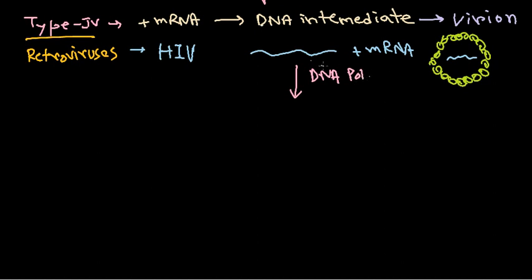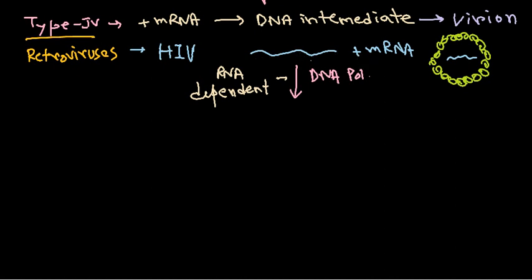Obviously, we are using positive-stranded mRNA as a template, so this DNA polymerase will be RNA-dependent DNA polymerase. It's very rare, but we can have RNA-dependent DNA polymerase. If we use RNA-dependent DNA polymerase here, with positive mRNA as a template, we can produce a DNA complementary to this positive mRNA.